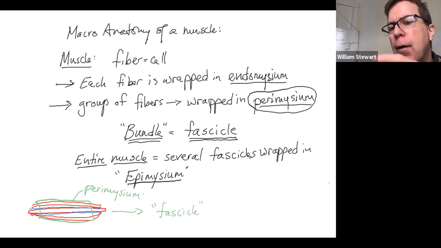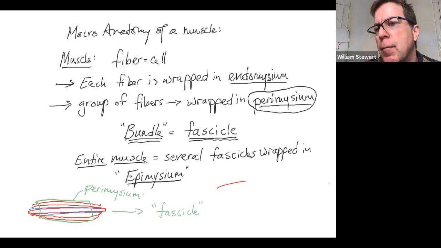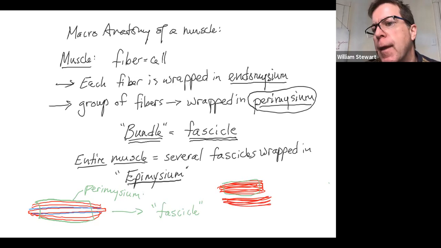Okay, now if I take several fascicles, I'm going to do this quickly. There's one bundle of muscle fiber cells wrapped in perimysium. Now I'm going to make another one right next to it. There's another muscle fiber bundle wrapped in perimysium. So I've got two fascicles now. I'm going to do a third.